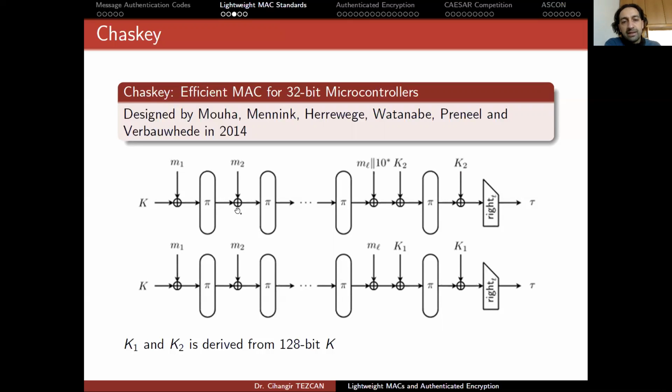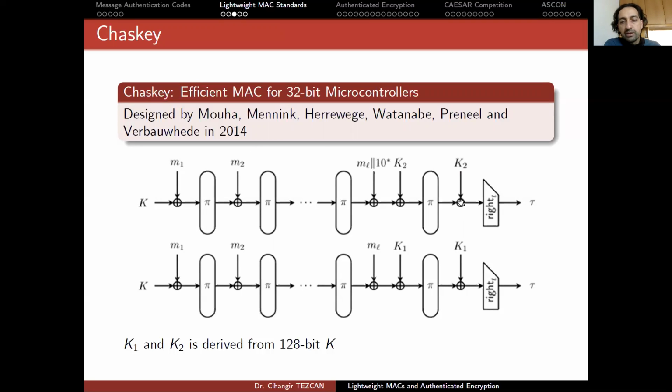Then XOR it with the second message block, perform permutation, and so on and so forth. And at the end, you perform another key XOR, this time K2, but K2 is actually derived from K by simple shift operations. Then you perform a final permutation, again XOR with the key, and if you need to perform a truncation, do it and produce the tag.